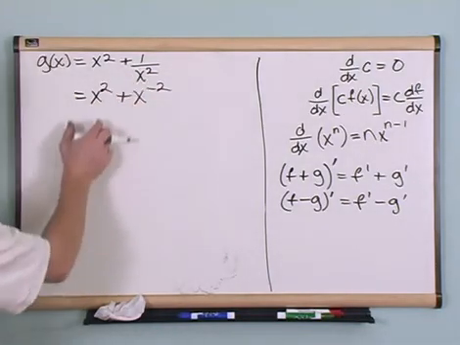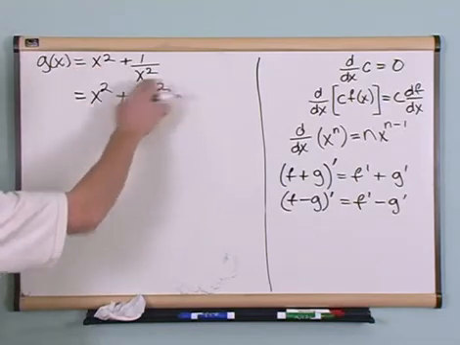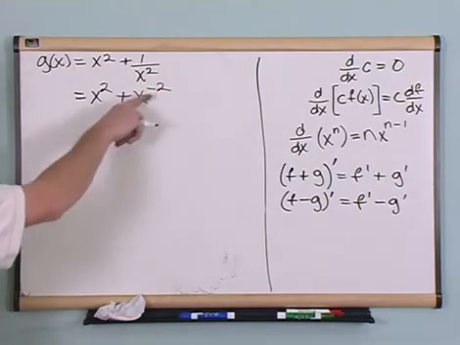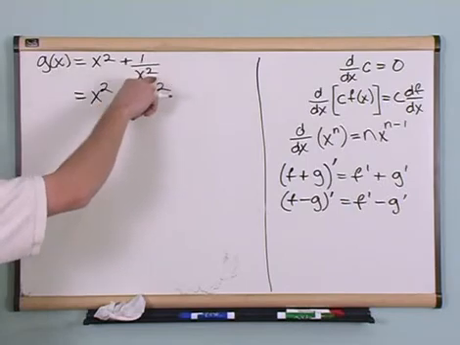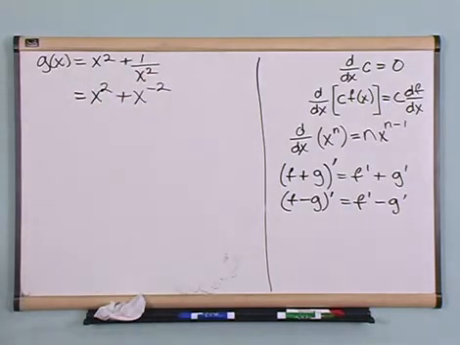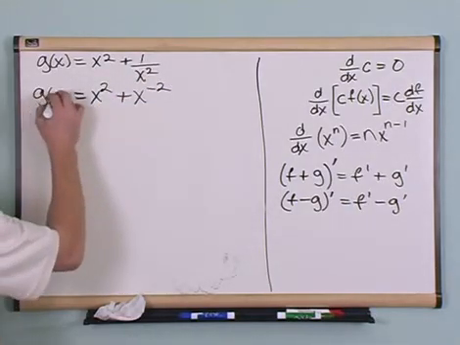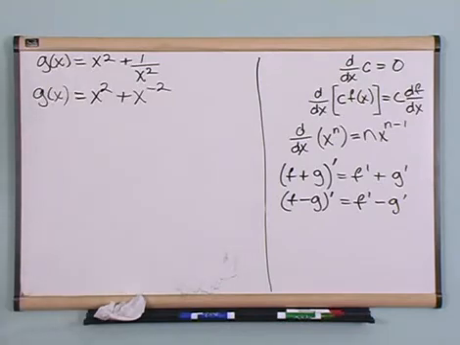You can write it like this: x squared plus x to the minus 2. Remember, anytime you have a negative exponent, it's like saying 1 over x raised to the same exponent. So here I've just rewritten the function, and that suits me just fine. Okay?